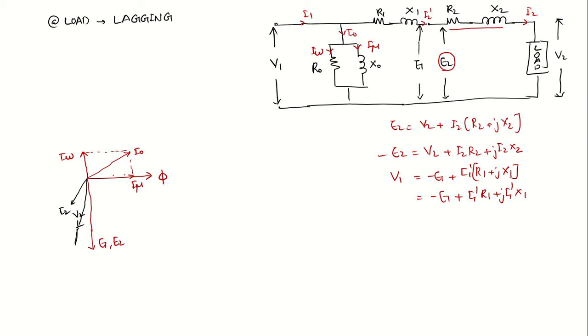I2 ഇൻ ഫേസ് ആയിട്ട് വരച്ചു, then R2, this is I2 R2, then 90 ഡിഗ്രി ലാഗിങ്ങിൽ I2ന്, this is I2 X2. ഇതിൻ്റെ റിസൾട്ടാണ് E2 എന്ന് പറയുന്നത്, JI2 X2. ഓക്കെ, സോ ഈ വരച്ചിരിക്കുന്നത് V2 പ്ലസ് I2 R2 പ്ലസ് JI2 X2, അതാണ് E2 എന്ന് പറയുന്നത്.